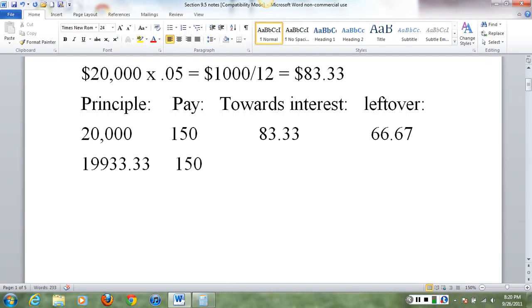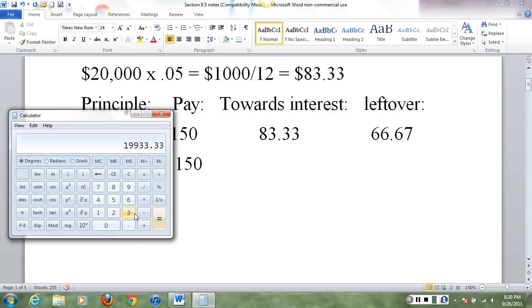But now it's off of a smaller amount. So instead of off of $20,000, now it's off of $19,933. So now let's take times 5% of that. So now it's $83.05.